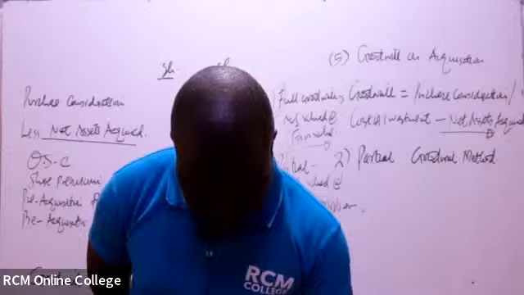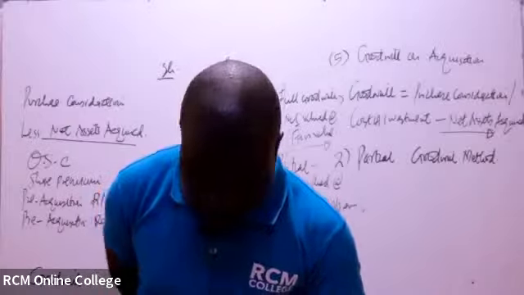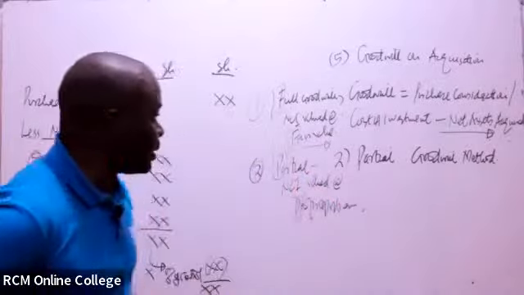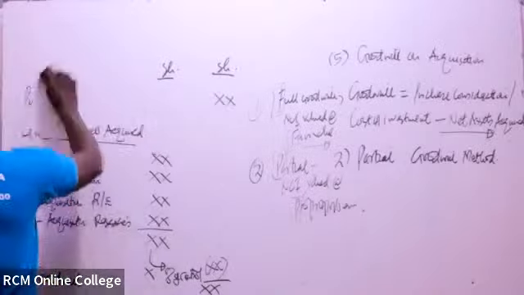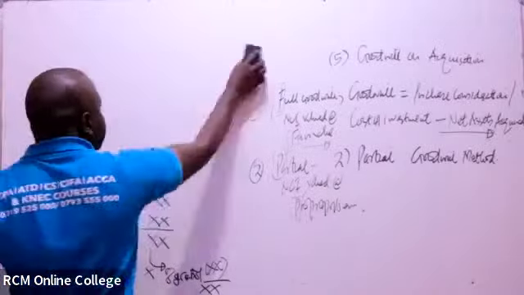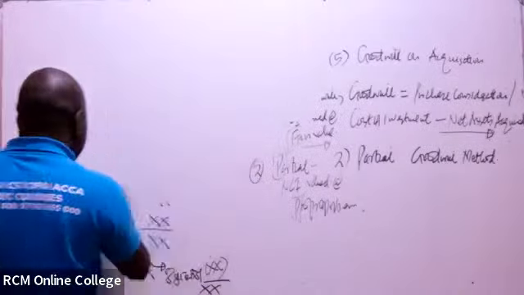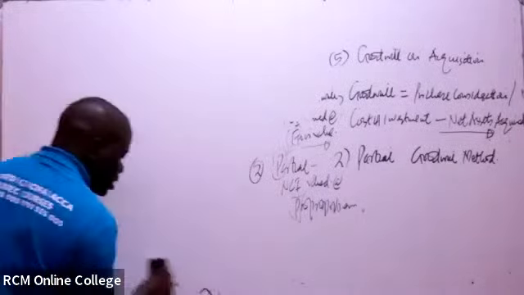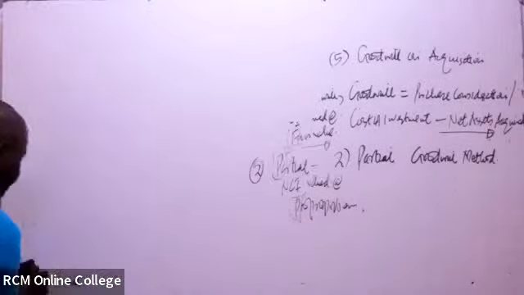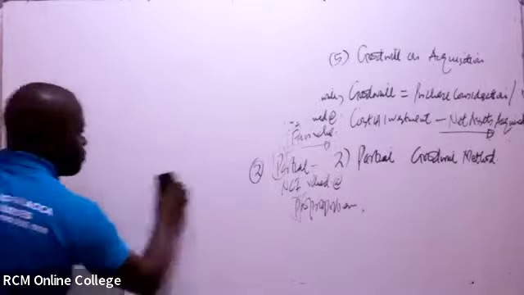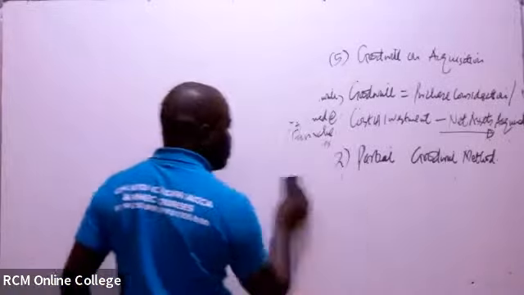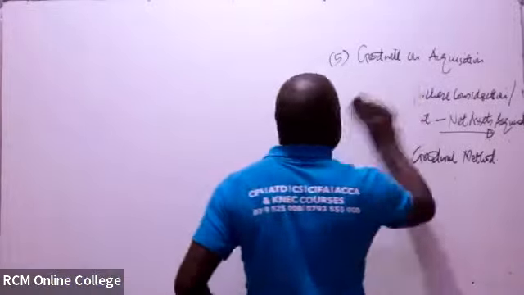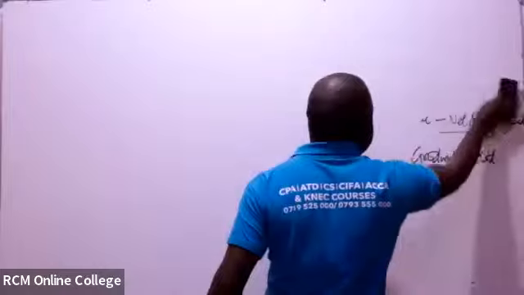There's another one, what you call fair value adjustments. That could be the one I need to look at before we start on illustrations from the past papers. So we have what we call fair value adjustments.